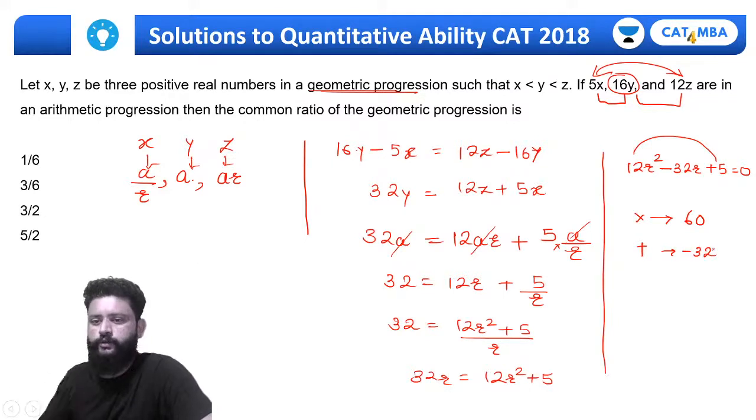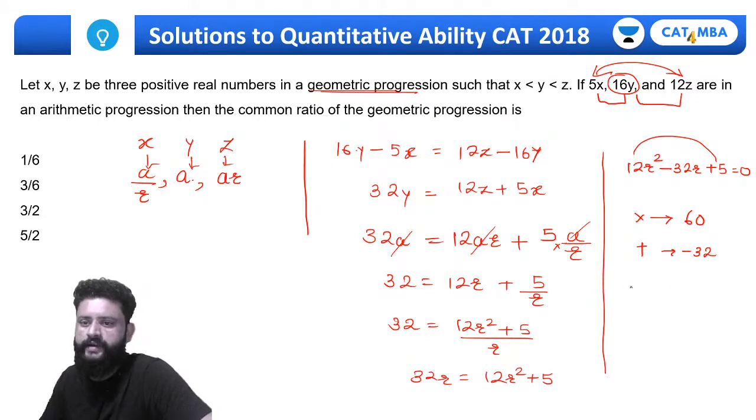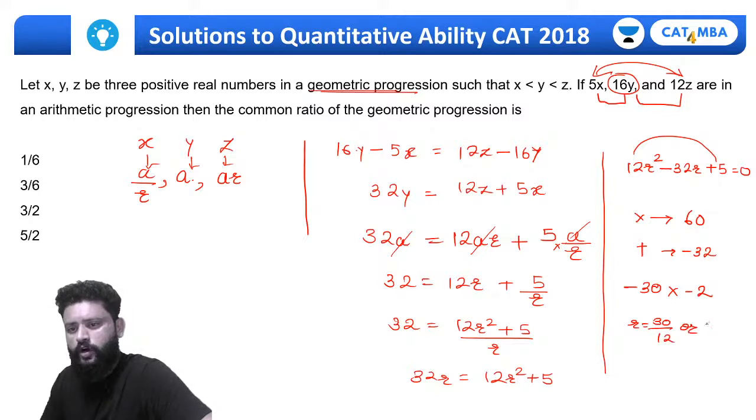Both the numbers must be negative. That's quite simple to find: minus 30 into minus 2. Right? So the value of r will be, changing the sign, 30 upon 12 or 2 upon 12.